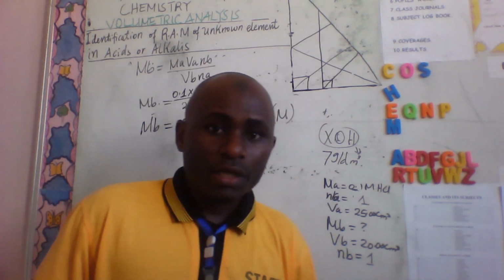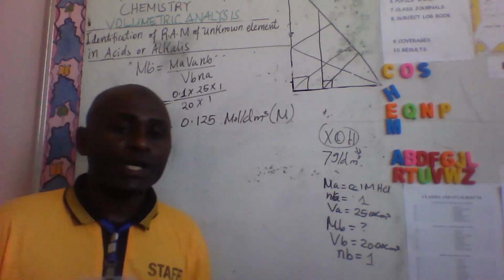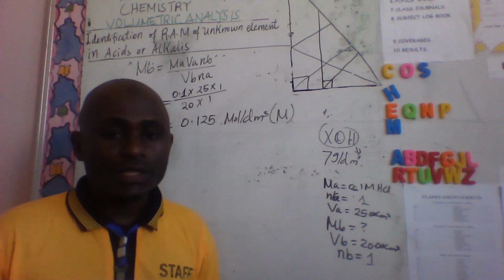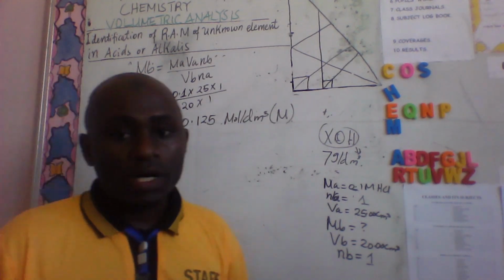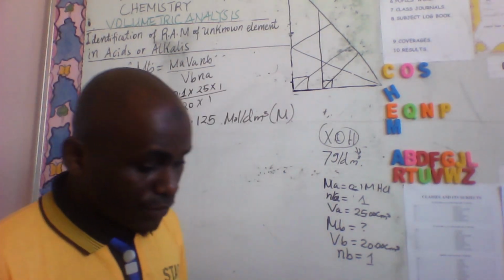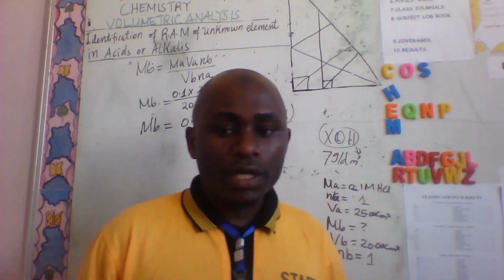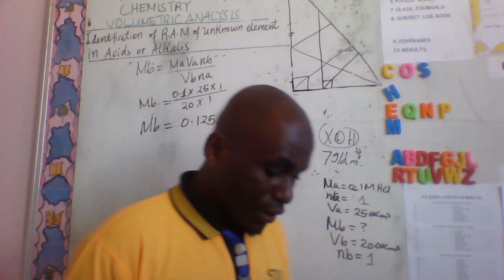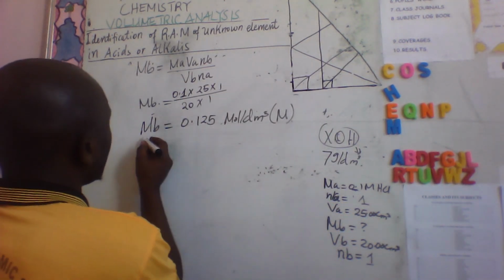The question needs us to find the molarity of base. After getting the molarity of base, we can find the molar mass of the given compound, which carries the metal hydroxide. So let us see how it is.